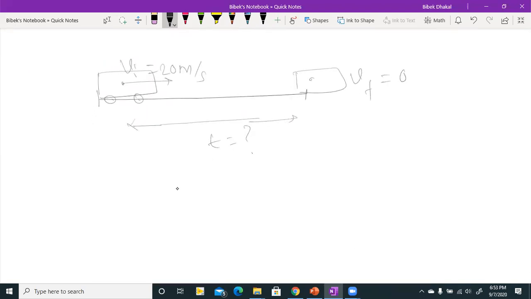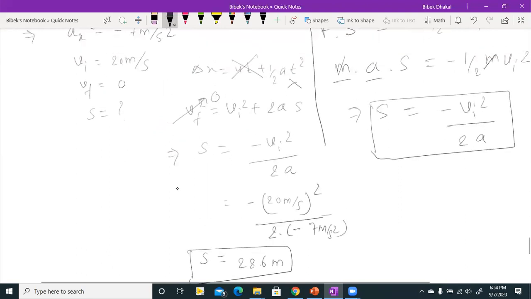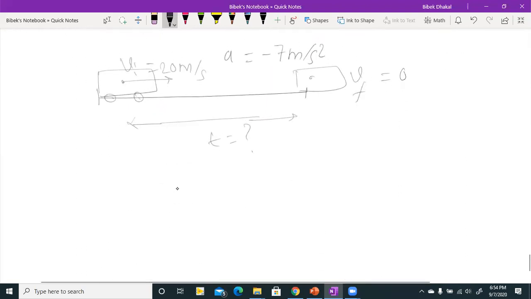So now you have the distance already. So you can use basically any equation of motion, but the easiest one here will be, since we know the acceleration is -7 meters per second squared. My notations might vary, so just make sure that the notations are the same.